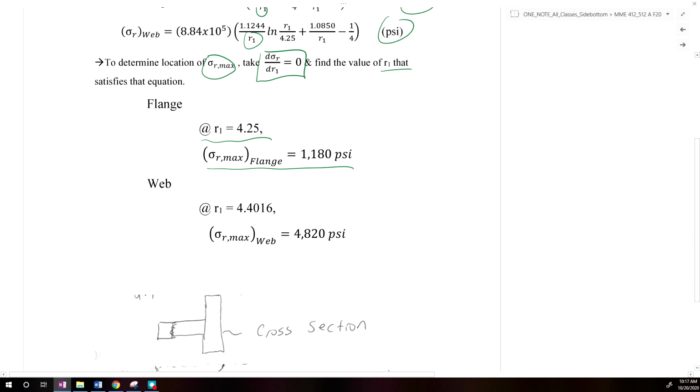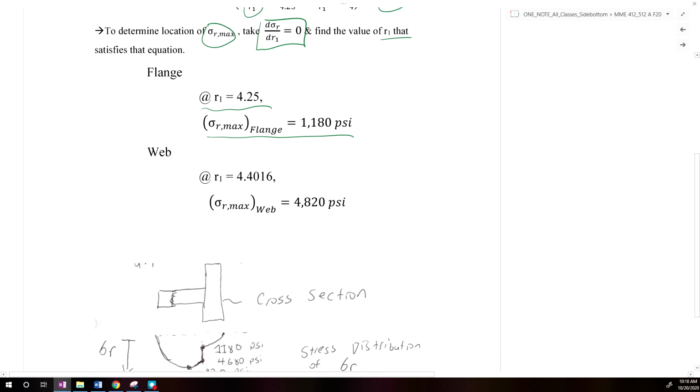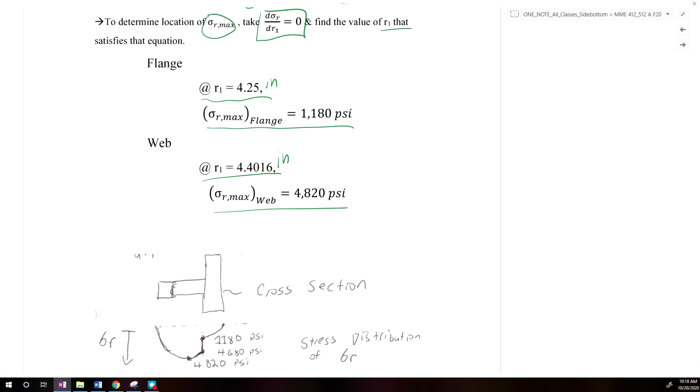The maximum stress within the web will occur at R equal to 4.4016 inches, and that results in a maximum stress of about 4,800 psi.